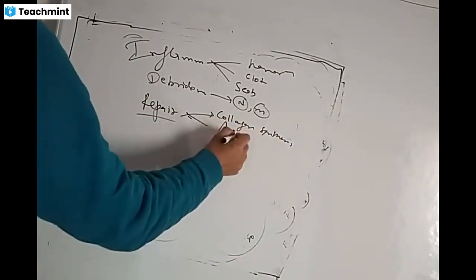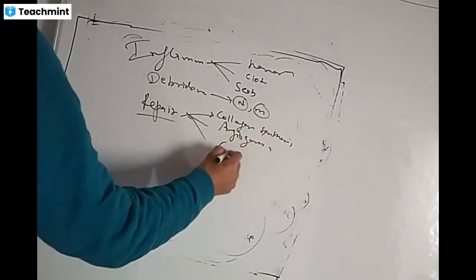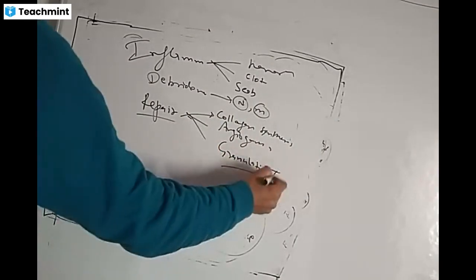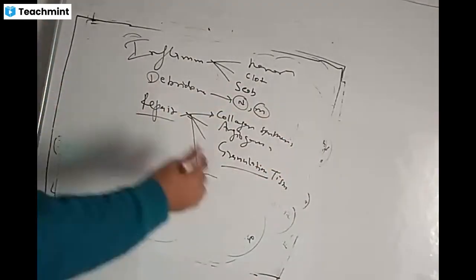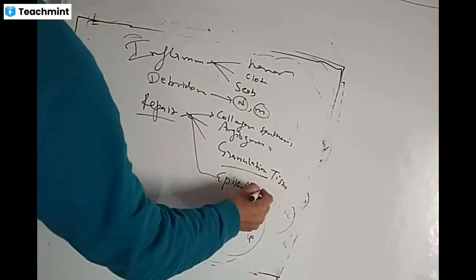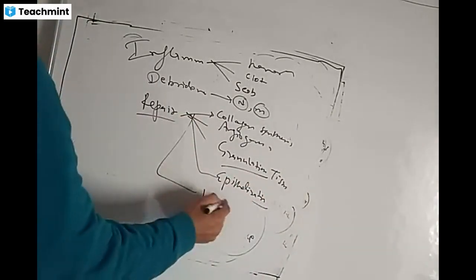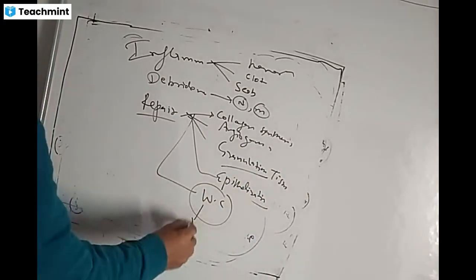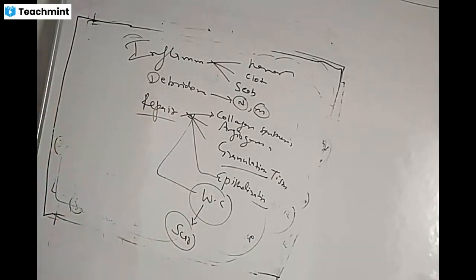Second was angiogenesis. And if you combine these two, then there was a term formation of granulation tissue, and it acts as a surface. On that surface, epithelialization occurs. When the epithelial layer is covered, then wound contraction. Wound contraction may leave scar. So these 3 phases are over.